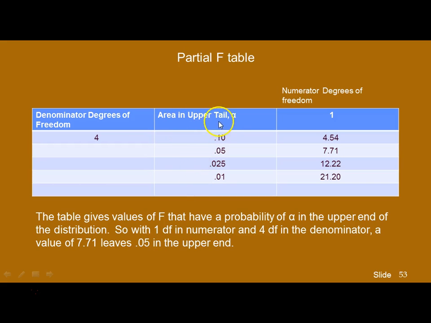These are the areas in the upper tail of the F distribution. You can look up a 0.1 or 10% area in the upper tail, 5%, and so on. We're going to use the 0.05 in the problem we're doing now, and that would give us a critical F value of 7.71. That is, with 1 degree of freedom in the numerator and 4 in the denominator, an F value of 7.71 leaves a probability of 0.05 in the upper end of the distribution.